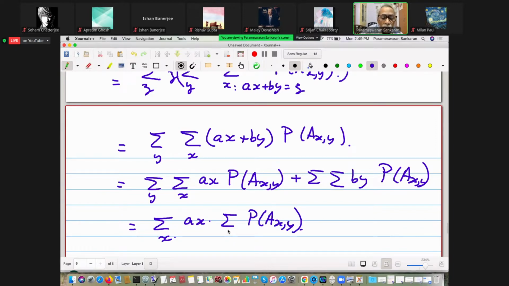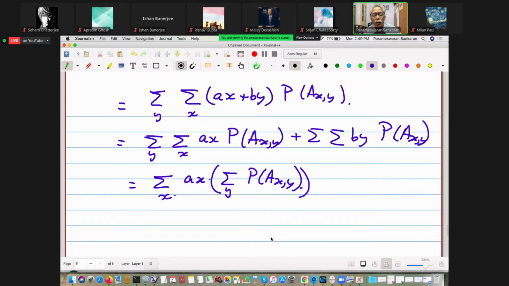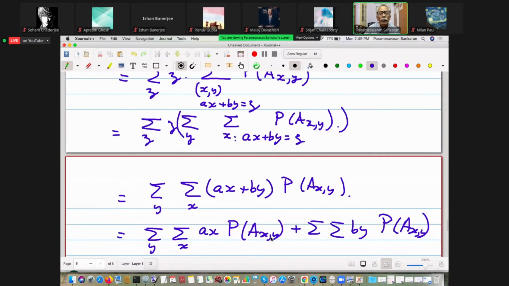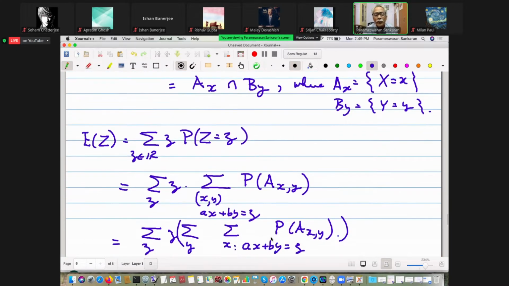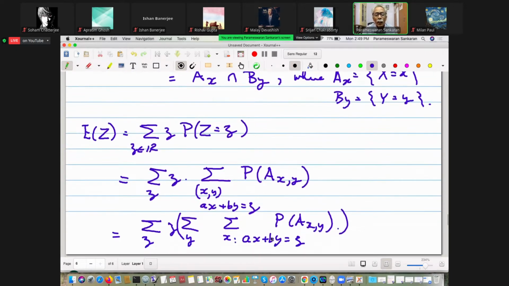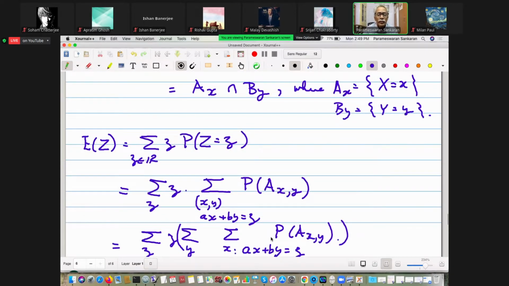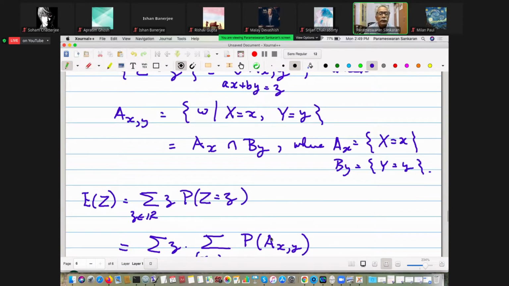What is this? Now you put summation over this. You go back to the definition. Where is this AXY written? AXY was written here. Now you fix an X, and allow Y to vary. Y varies arbitrarily.